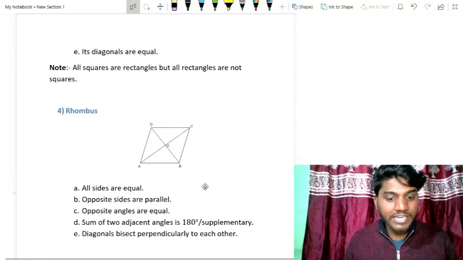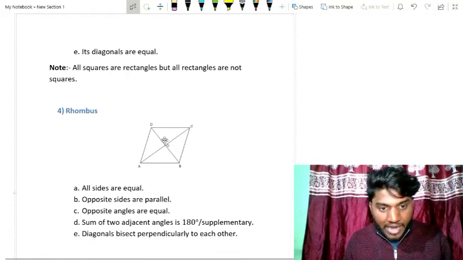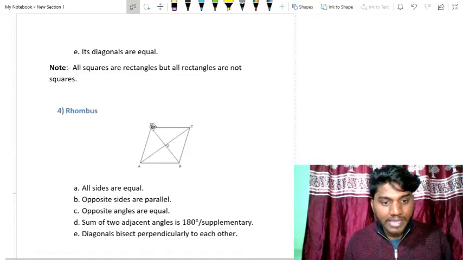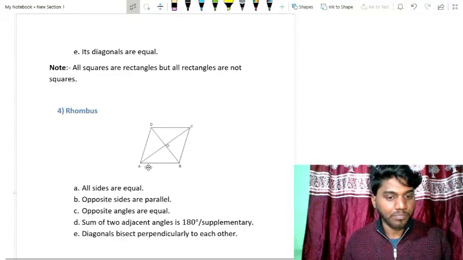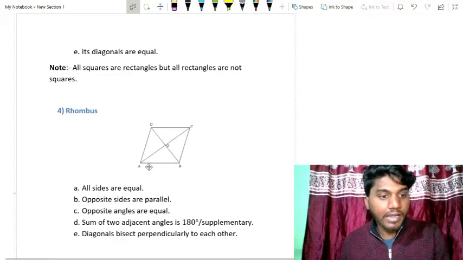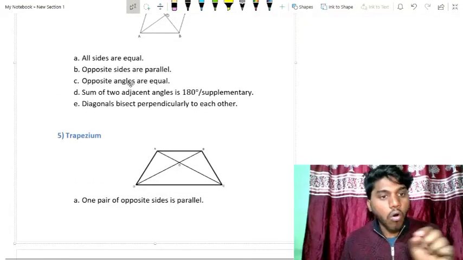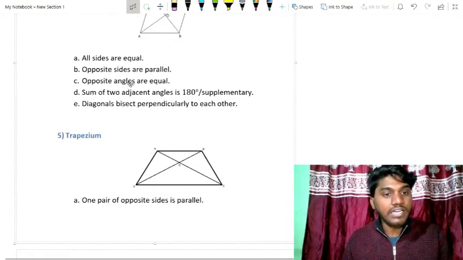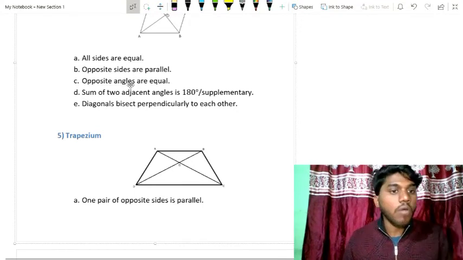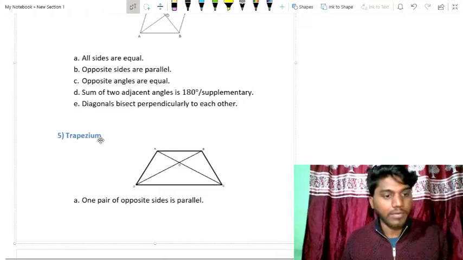Diagonals bisect each other perpendicularly, which means the diagonals bisect at 90 degrees, so angle DOC, angle AOB, angle BOC, and angle DOA are all 90 degrees. We can say all squares are a special case of rhombus. All squares can be rhombuses, but all rhombuses cannot be squares.